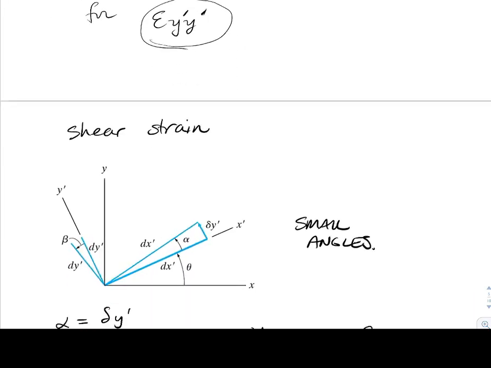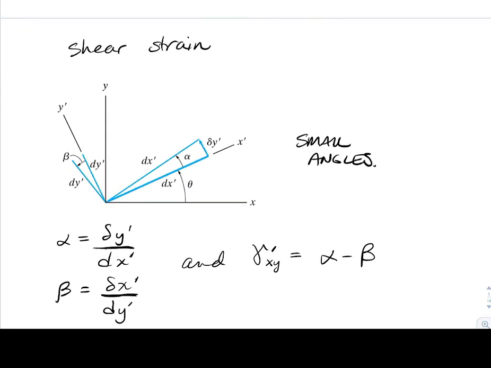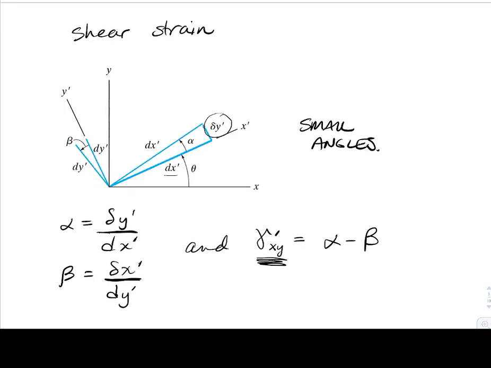So the last one gets real tricky when we come up with the gamma x prime y prime, the transformed gamma calculation. But let's just look at the kinematics here. So we're going to deal with a delta x prime divided by dx prime. That would give us an angle in here, again for small angles. That would give us an angle alpha, where the tangent is approximately equal to the angle for something very small.